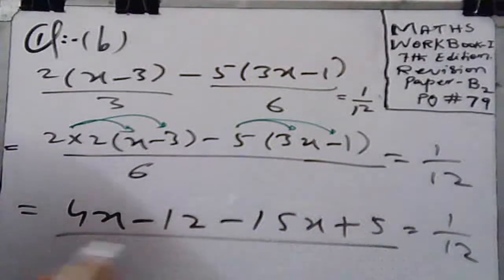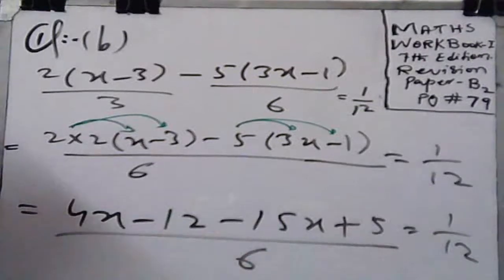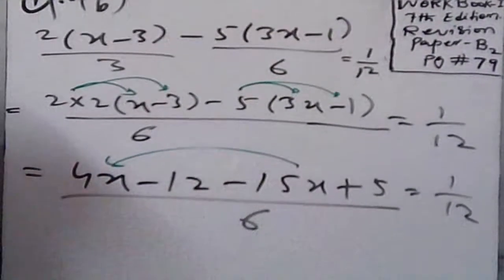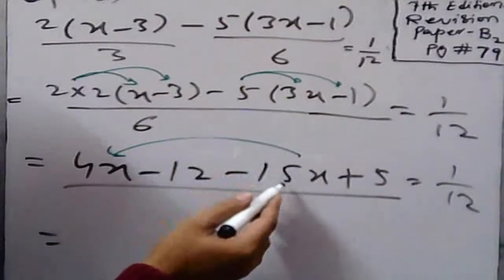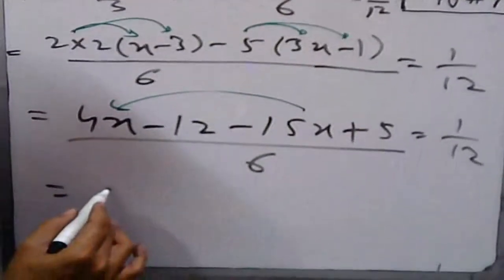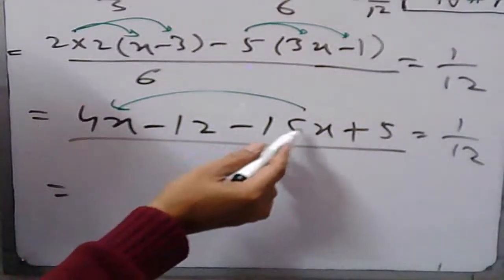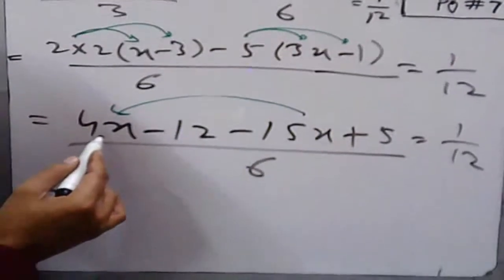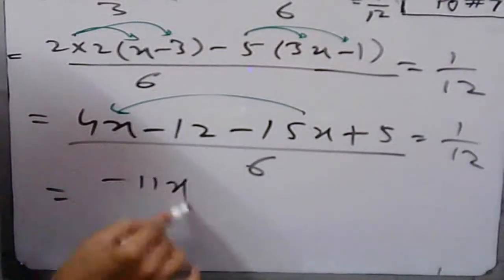is equal to minus 12 divided by 6. The homogeneous terms should be added and subtracted, that is minus 15x plus 4x, so you will get minus 11x.